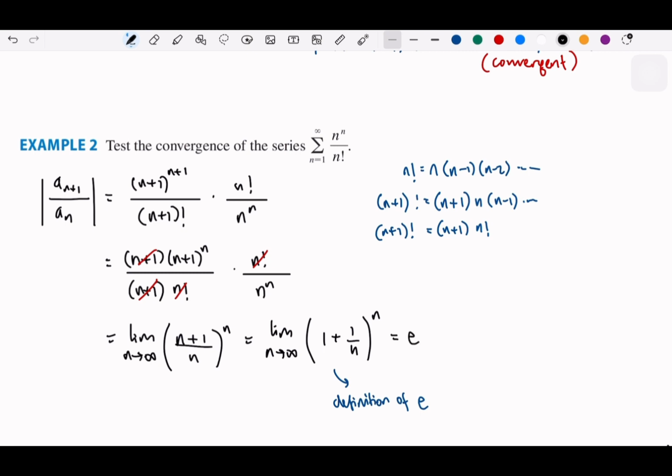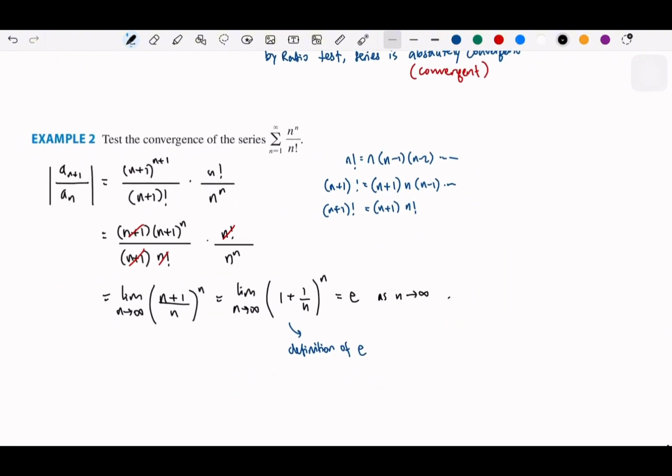So this will be equal to e as n goes to infinity. And since e is greater than 1, then the series is divergent by the ratio test.